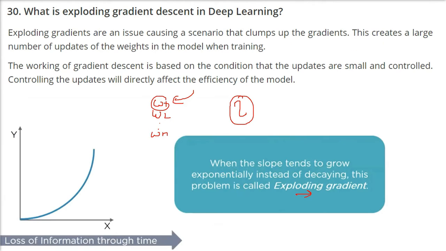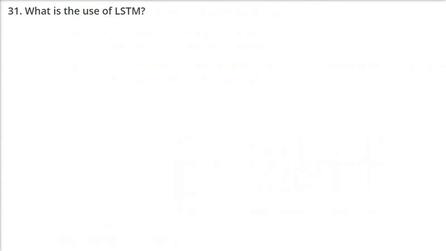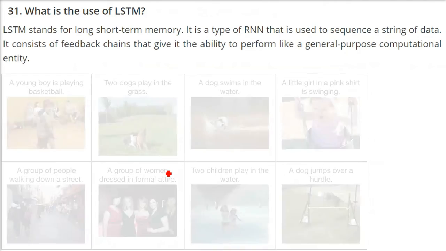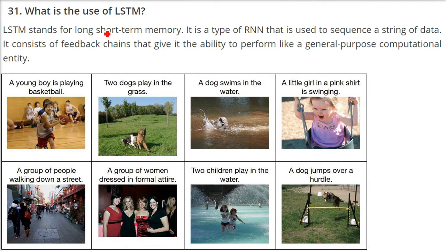What is the use of LSTM? LSTM stands for long short term memory. It's a type of RNN that is used to process a string of data, of course talking about the recurrent neural network. It consists of feedback chains that give it the ability to perform like a general purpose computational entity.